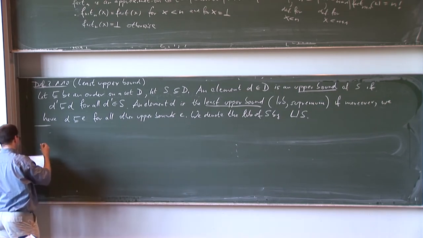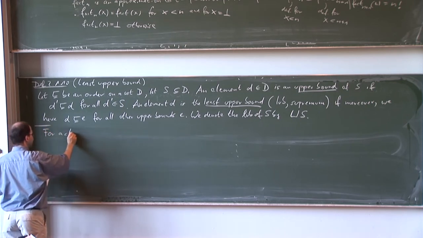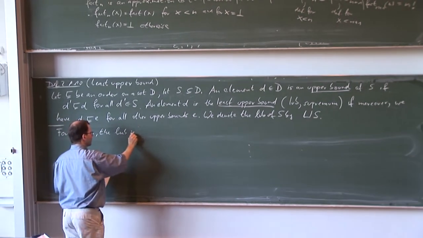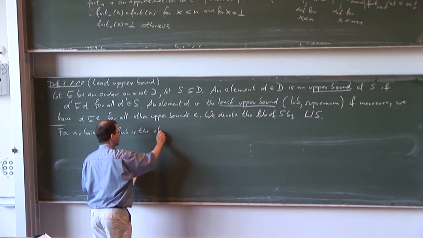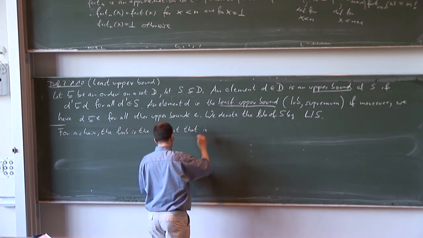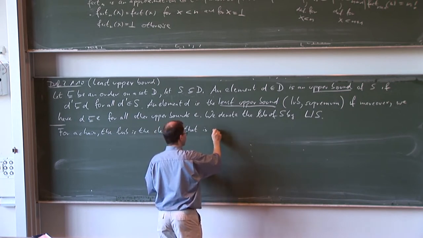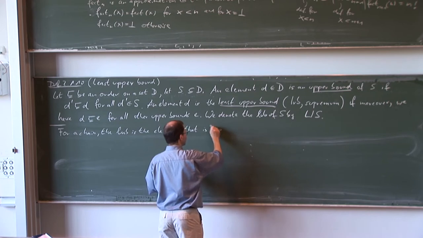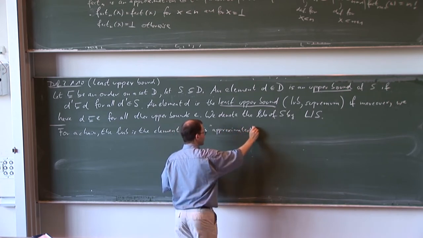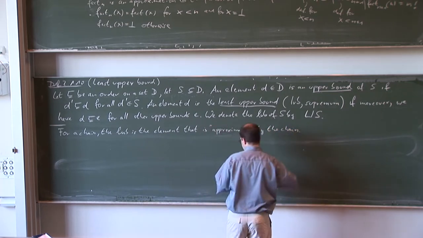So for a chain, the least upper bound is the element that is, in some sense, approximated by the chain.